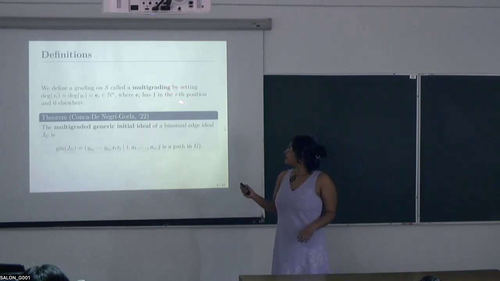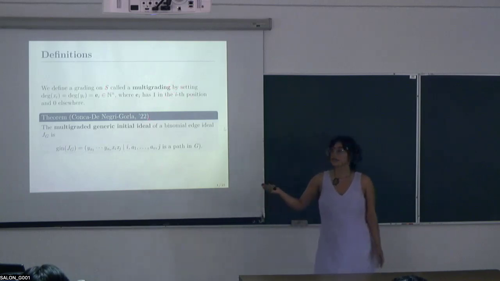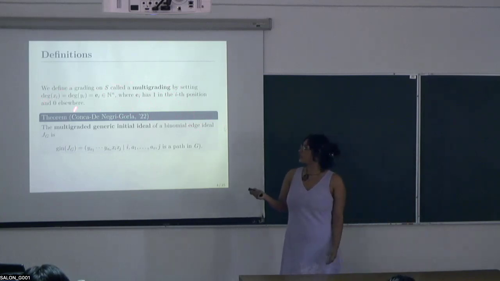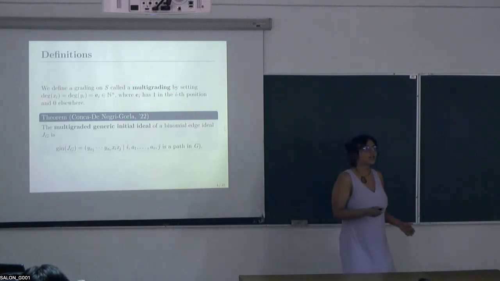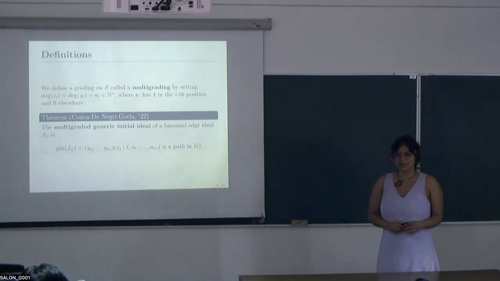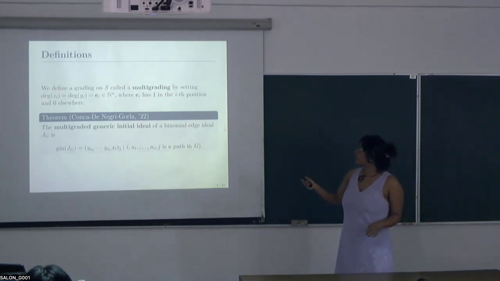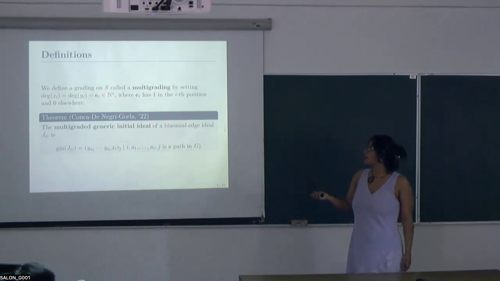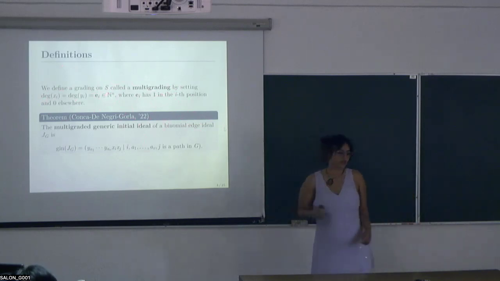The multigrading in the ring is defined by fixing the degree of all the variables equal to a basis of the vector space, in this case, the natural numbers to the n. So how does the degree actually work?